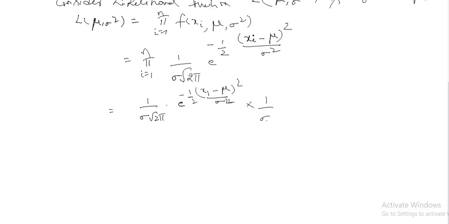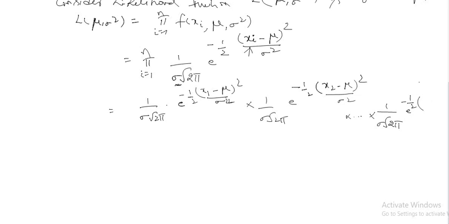Then next 1 by sigma root 2 pi, because here it's a constant function, e power minus 1 by 2 (x2 minus mu)^2 by sigma square, and so on. Here only the xi changes, remaining all will be the same value. 1 by sigma root 2 pi e to the power of minus 1 by 2 (xn minus mu)^2 by sigma square, all these things in the power of e.